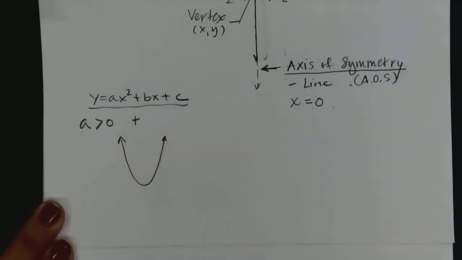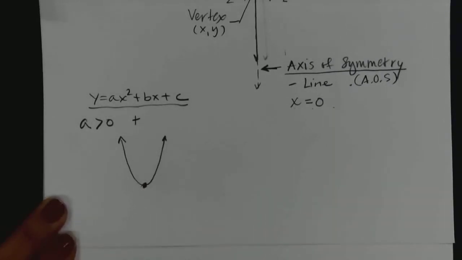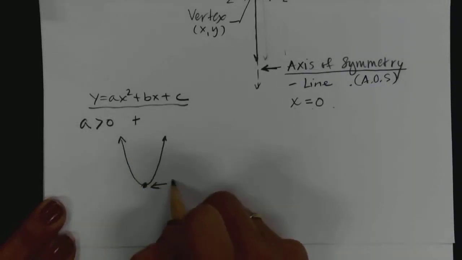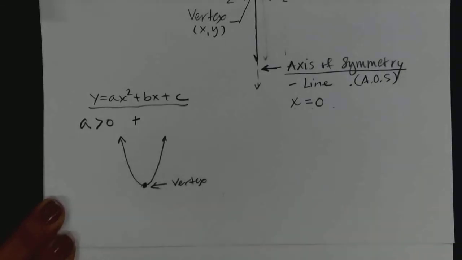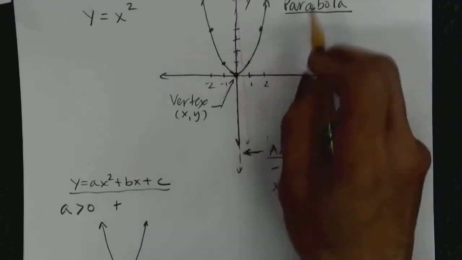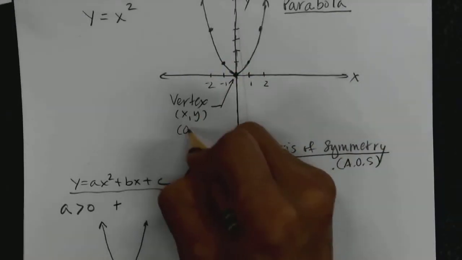So it's an upright parabola, and the vertex is right here. What would be the vertex for this parabola? What ordered pair? 0, 0. So this would be 0, 0. That's what the vertex would be.